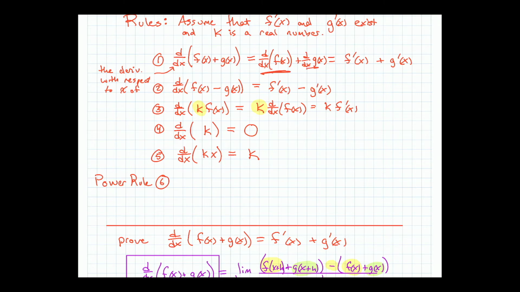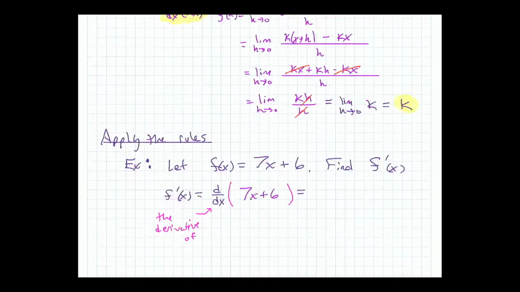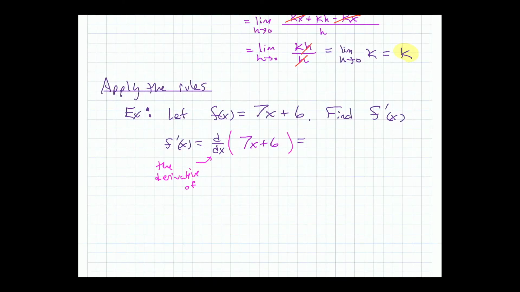So you've got one derivative plus the other derivative. We didn't really write it this way up until now, but it's useful down here. So this derivative splits into two derivatives: one is the derivative of 7x, plus another derivative of 6. That is by rule 1. Now, by the way, the numbering for the rules is just the numbering that I wrote them down in. If you look in the book, they're not going to be numbered that way.